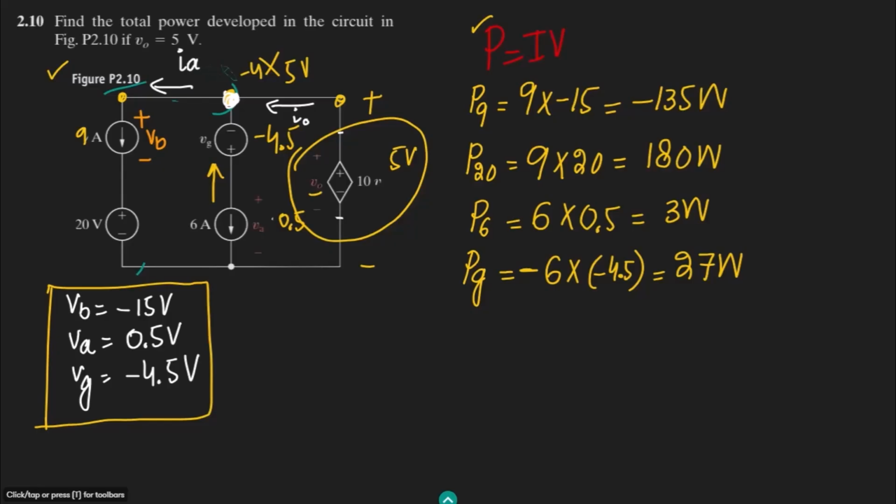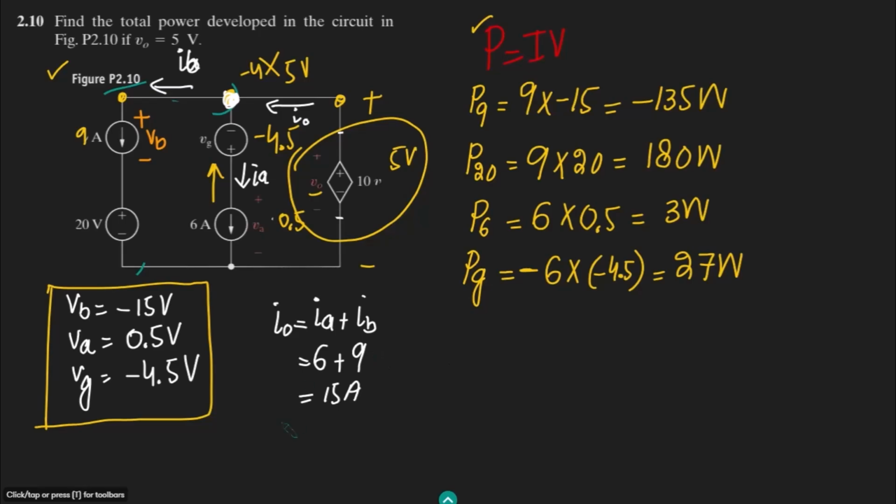Let me call it IB, and here IA. Okay, so according to the KCL here, I naught is equal to IA plus IB. Let me put their values. So the value of IA is 6, the value of IB is 9, so this is 15 amperes.